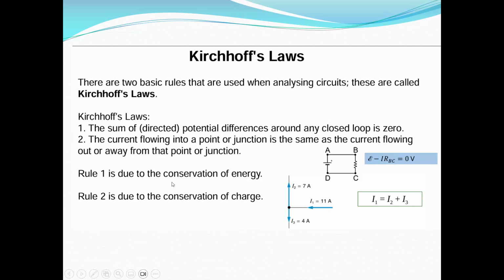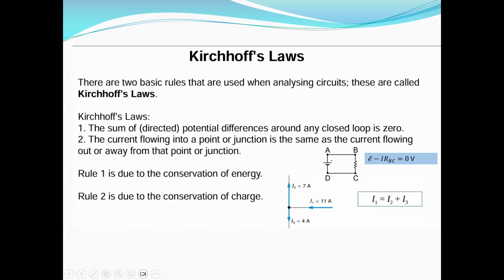The current flowing into the point of junction is the same as the current flowing away from the point of junction. So we can write the first equation: I1 is equal to I2 plus I3, right?